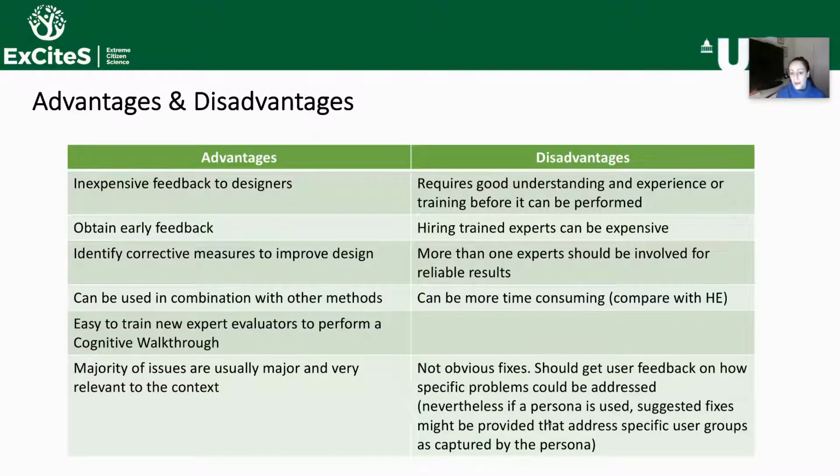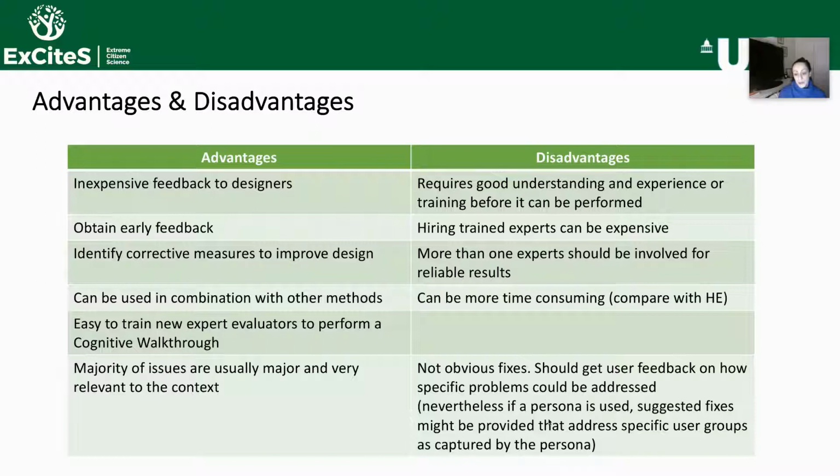On the downside, it requires a good understanding and experience on training before a cognitive walkthrough can be performed. Hiring trained usability experts can be expensive. More than one expert should be involved for reliable results. It can be more time consuming compared to the method of heuristic evaluation. And again, you don't get obvious fixes.